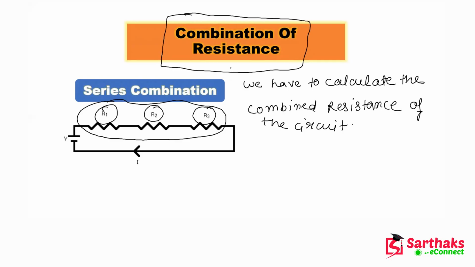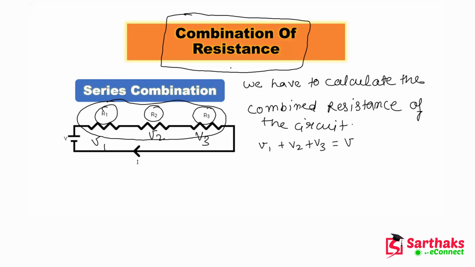Let's suppose at resistance R1 the value of voltage is V1, the voltage on R2 is V2, and here the voltage is V3. Now, the overall voltage will be V1 plus V2 plus V3, and that will be equal to voltage V.